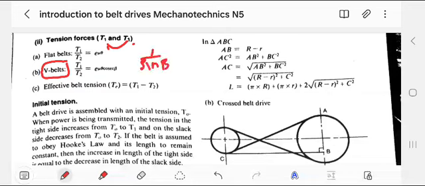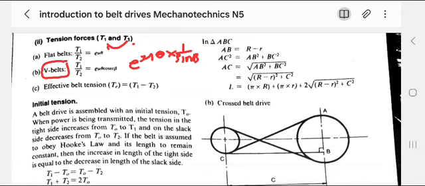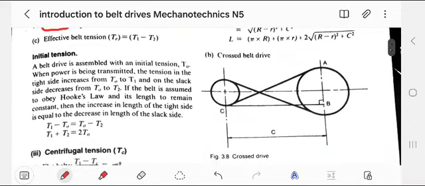So someone can write this as mu theta multiplied by 1 over sine beta. For a V belt, the effective belt tension is T1 minus T2.